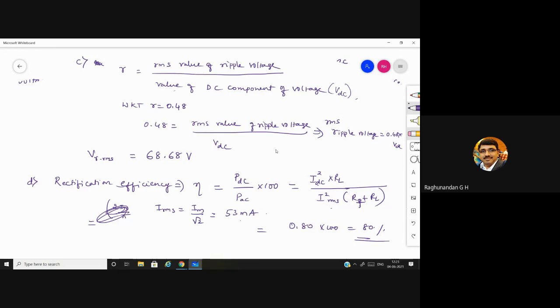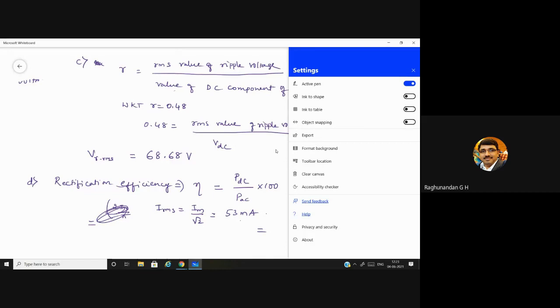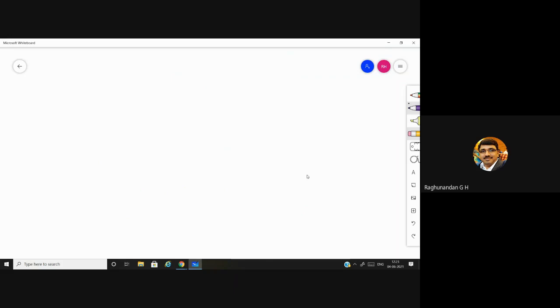The load resistance is 3 kilo ohm. Each diode has a forward bias dynamic resistance of 10 ohm, that is RD is equal to 10 ohm, and RL is given as 3 kilo ohm.